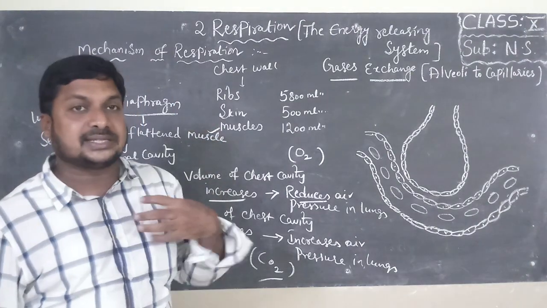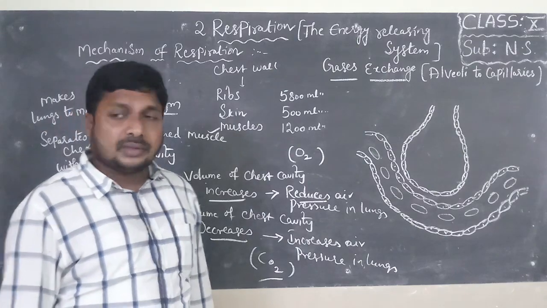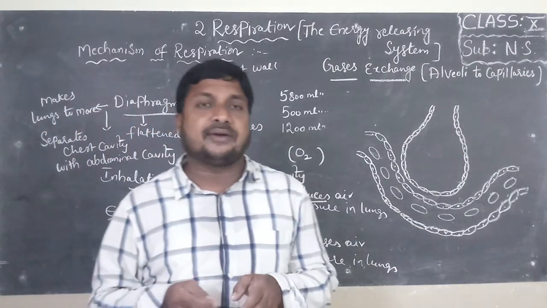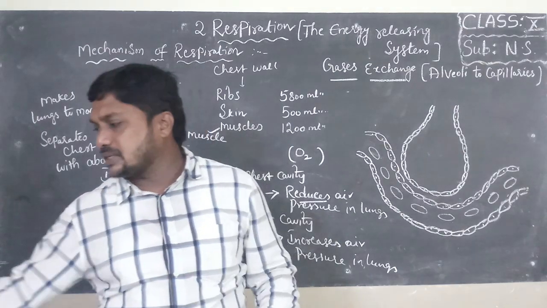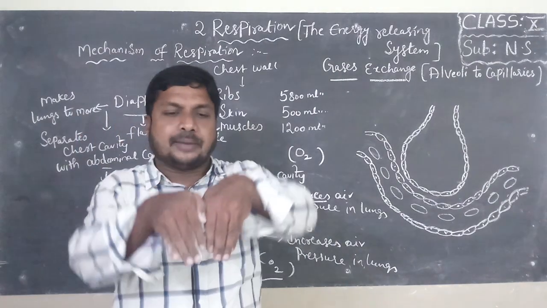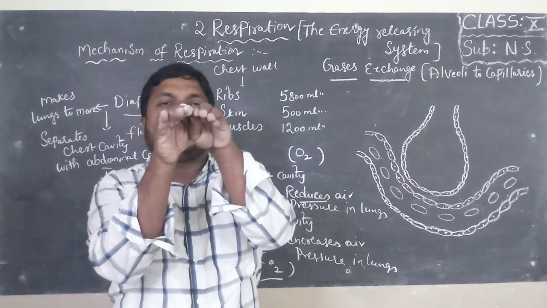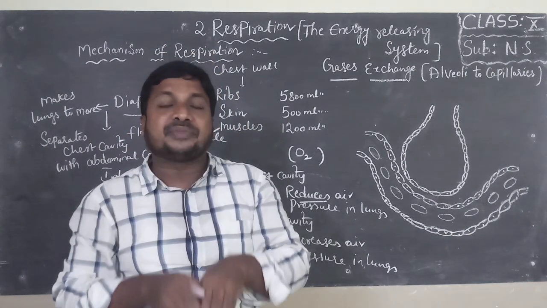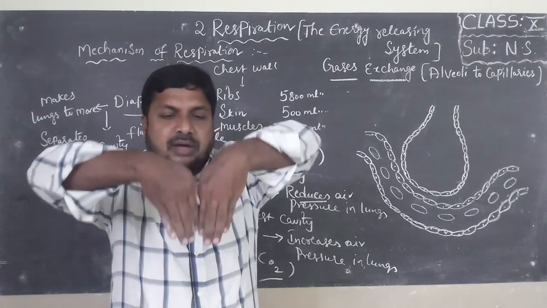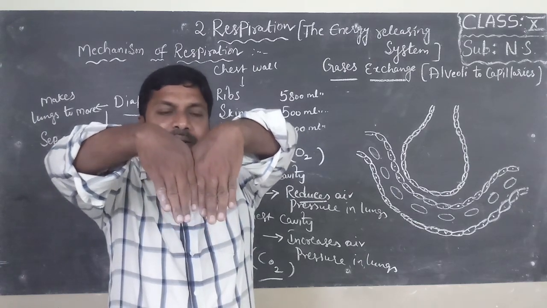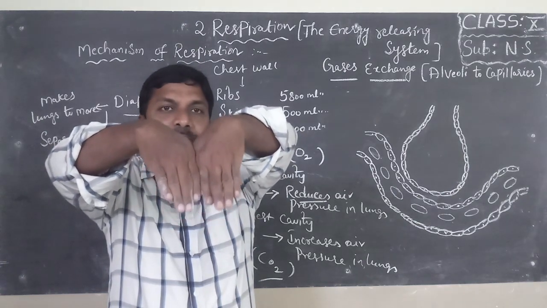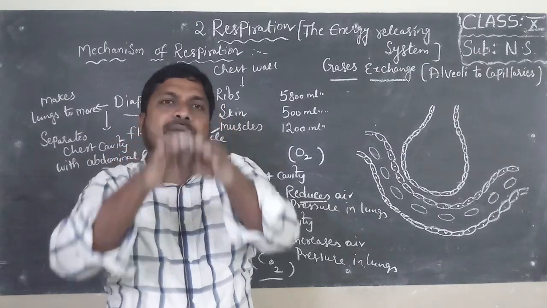Lungs are present in the chest cavity. Think of the chest cavity, or thoracic cavity, as a room. For example, the chest cavity is dome shaped. At the time of inhalation, the dome shaped structure will be flattened, and at the time of exhalation, it comes to its normal position.